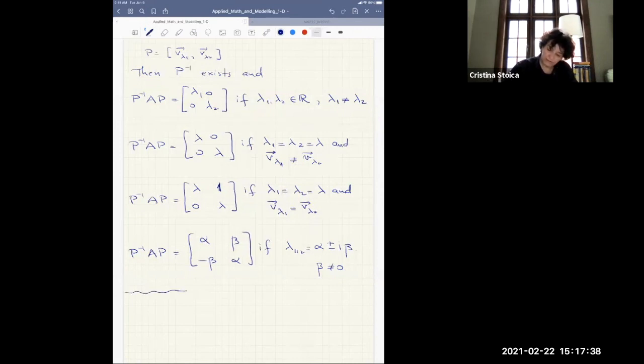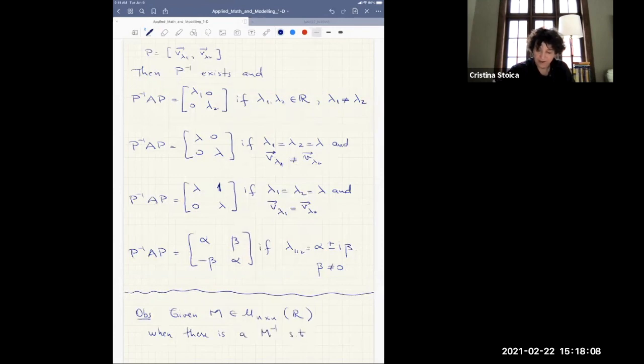Before we move on, that's why I was hesitating with P minus 1. Given a matrix that is square, so maybe I should put M, when does M minus 1 exist? By M minus 1, I mean the matrix that is the inverse.